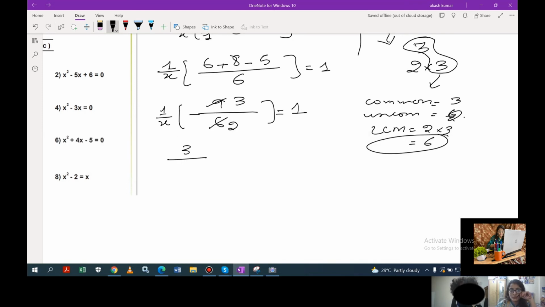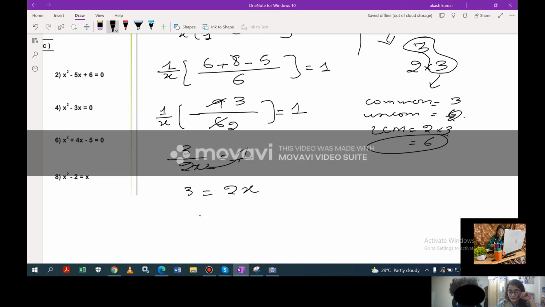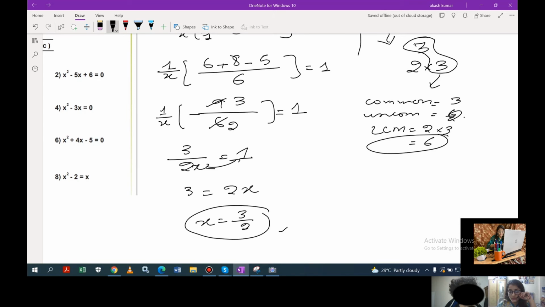So it is 3 over 2x equals 1. Can we cross multiply? 3 equals 2x, right? So the value of x is 3 by 2. Is it clear? Except the LCM part. Is this question clear?